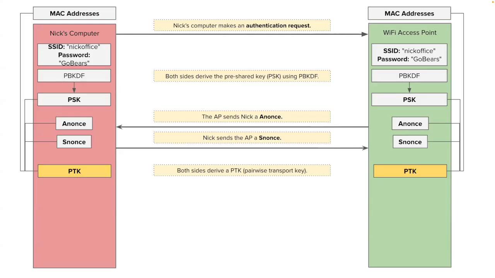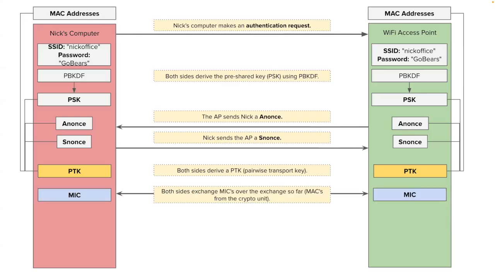I don't know. So based on this randomness and the pre-shared secret key, you can generate this pairwise transport key. And then both sides also exchange a MAC over the exchange. So far, just remember it's similar to TLS in that you need to ensure the integrity of the dialogue so far, because you didn't have this pre-shared secret before.